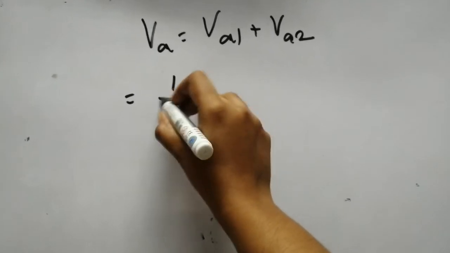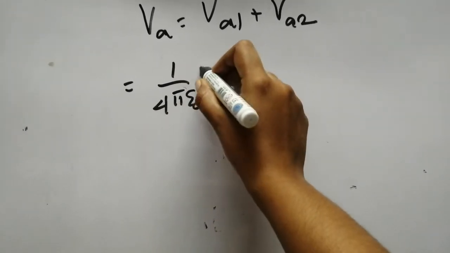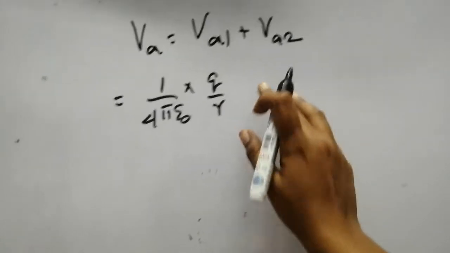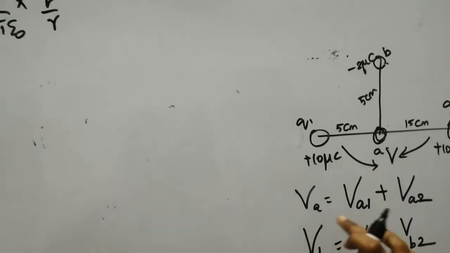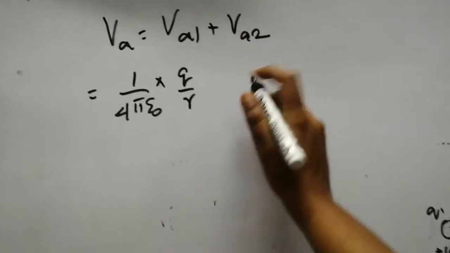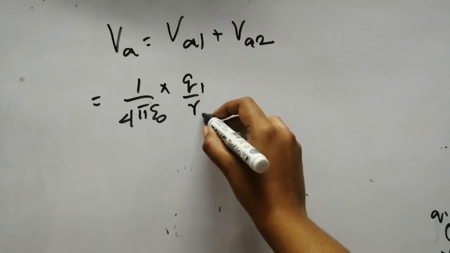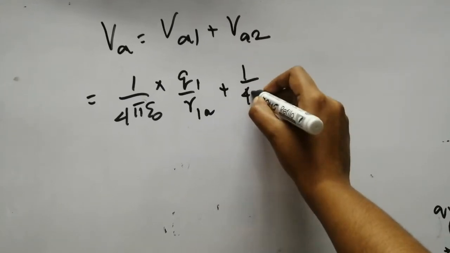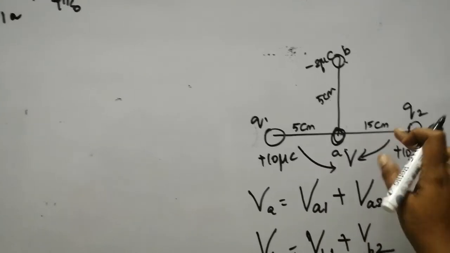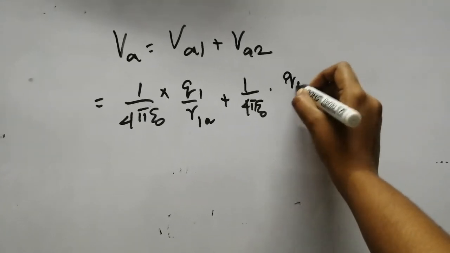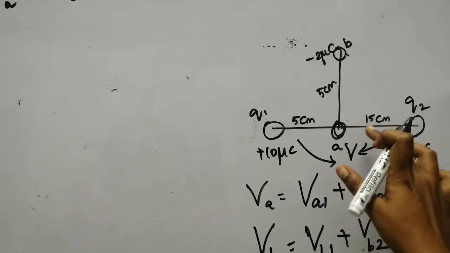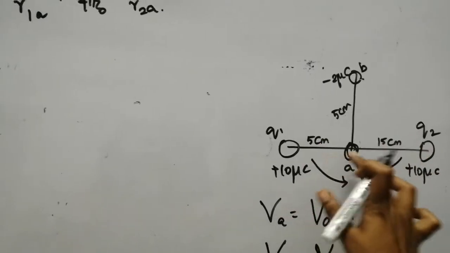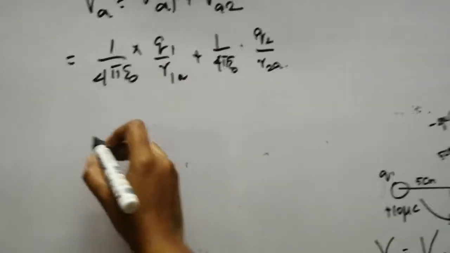The potential formula is 1 by 4 pi epsilon naught into Q by R. For the first case it is due to the charge Q1, so Q1 by R1A, plus 1 by 4 pi epsilon naught into Q2 by R2A, the distance from charge 2 to A. The distance R2A is 15 and R1A is 5, and the charge value is the same for both.